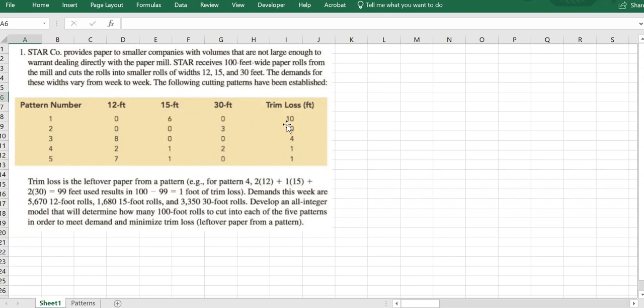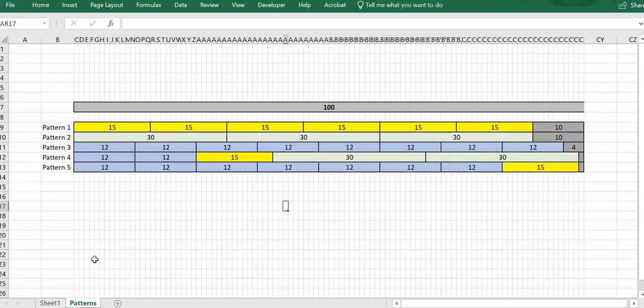And at the end, there's going to be 10 feet of trim loss that is not going to be useful because it's less than 12, which is the smallest size of their paper rolls that they can sell in the market, right? Just to visualize how these patterns work, let's take a look here.